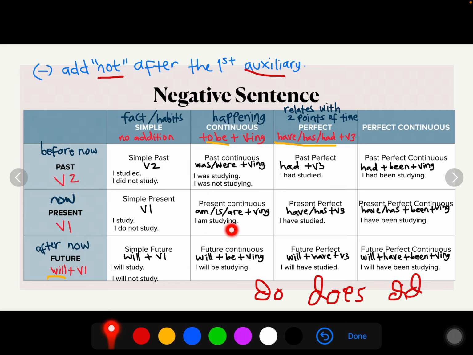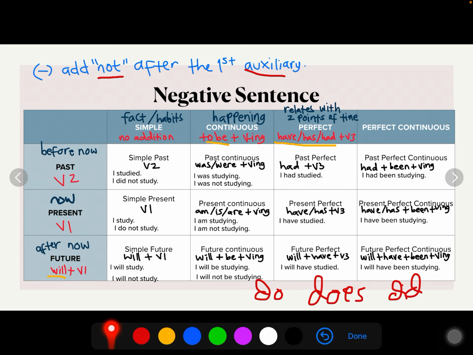And I am studying, here the auxiliary is am, so we need to add not after it: I am not studying. And for this sentence there are two auxiliaries, will and be. As I have mentioned before, we need to add not after the first auxiliary, so it will be I will not be studying, not I will be not, but it comes after the first auxiliary: I will not be studying.